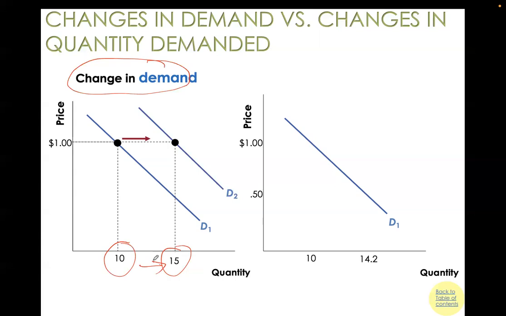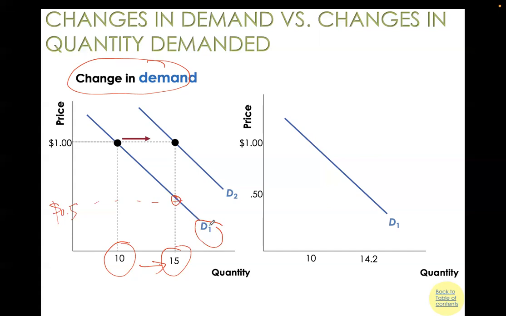Alternatively, you can look at this direction. If you compare here, this is probably like 50 cents. At D1, when we follow this demand curve, in order to demand 15 units, it must be the case that the price is sufficiently low.